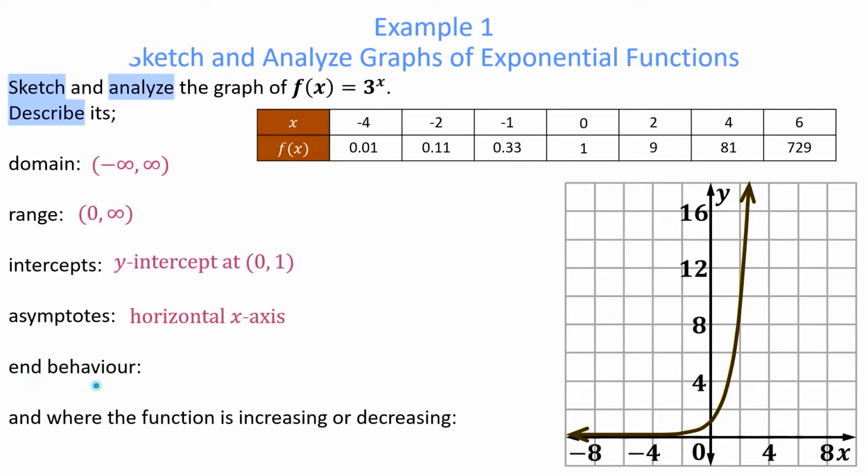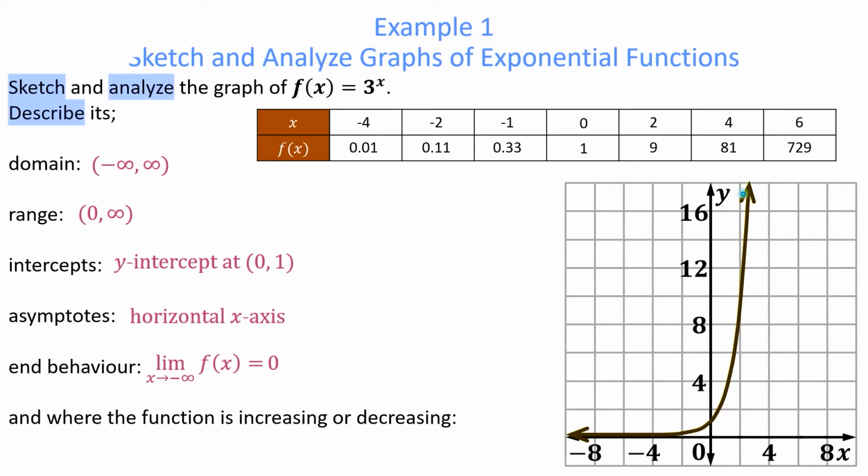Now for the end behavior, we look at the ends of the graph. We'll begin by looking at this end over here. As x goes towards negative infinity, what's happening to f of x? You can see f of x is getting smaller and smaller and approaching 0, but never quite touching it. So we can say the limit of f of x as x goes towards negative infinity is equal to 0.